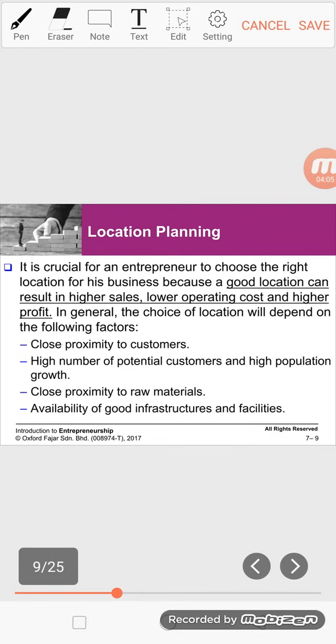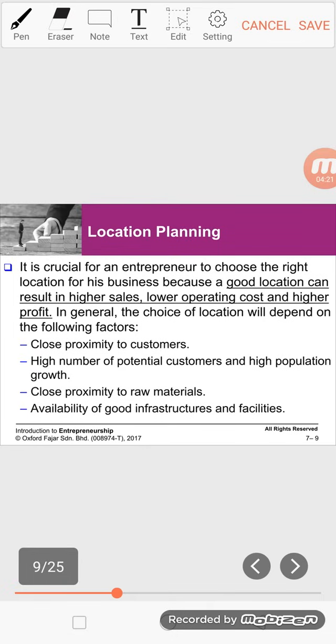I don't think any entrepreneur in a right state of mind would not want to go where there is a crowd. Okay? So the choice of location will depend on the following factors.